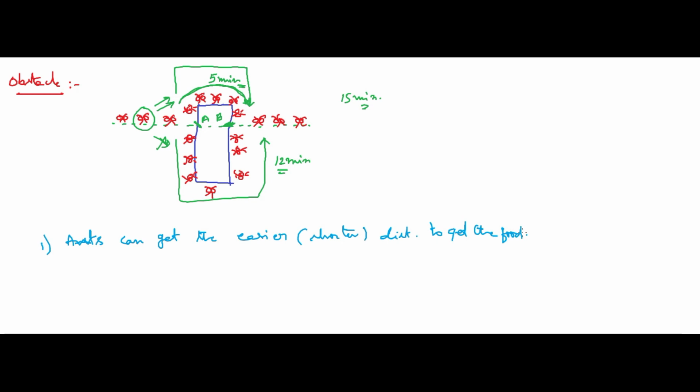In the previous case also it is trying to get the shortest route by getting more pheromone, and here also it is trying to get the shortest route to get the food as early as possible. So this is the basic advantage of the ants.